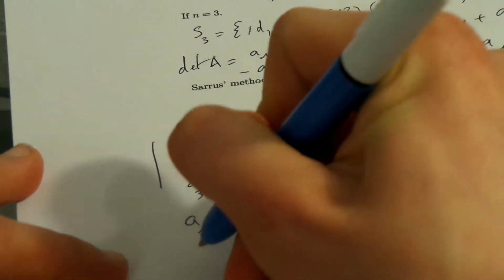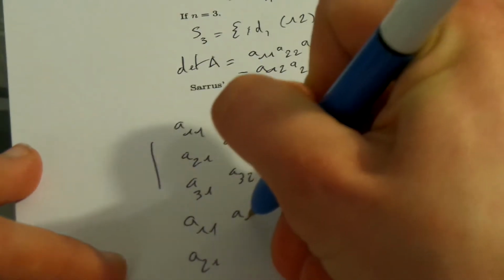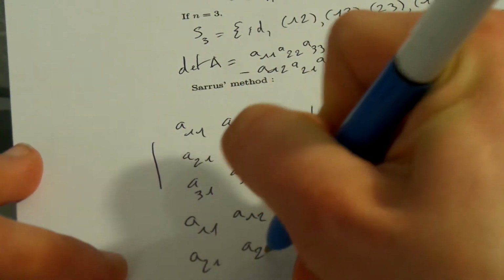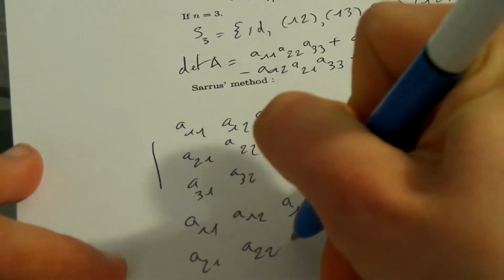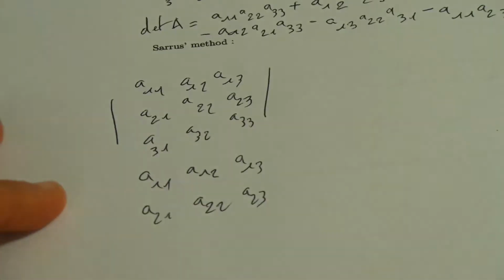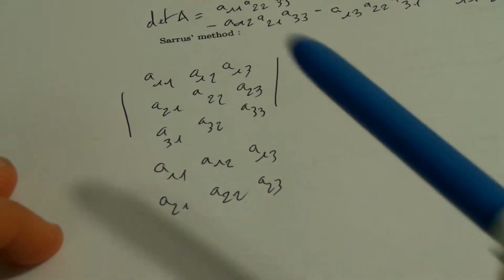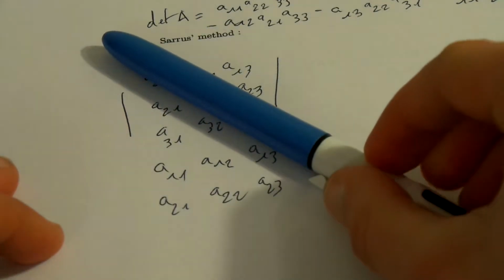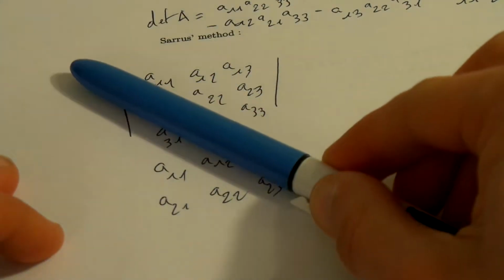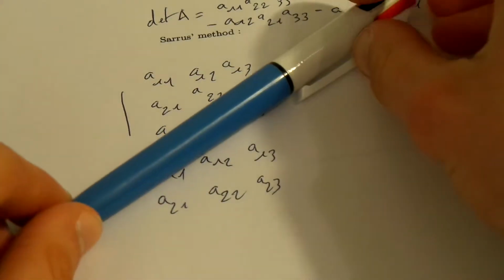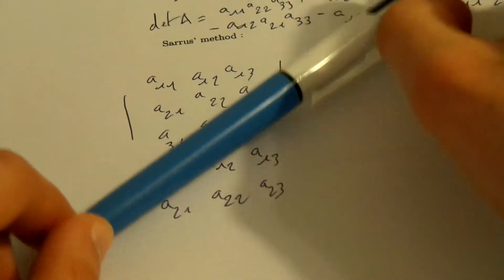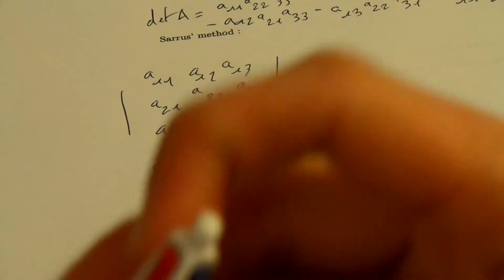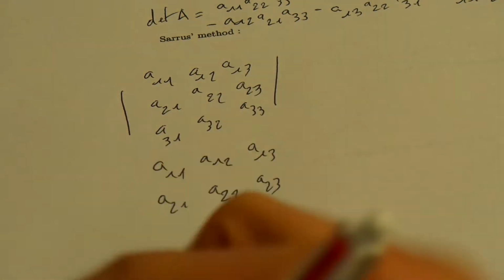So A11, A21, A12, A22, A13, A23, right? And then what you do is you go by diagonals. If your diagonal is on this side, then you go positive, and if it's on this side, you will go negative. So this will all be added negatively. And then you just follow the coefficients.